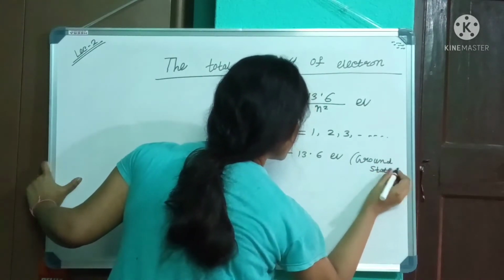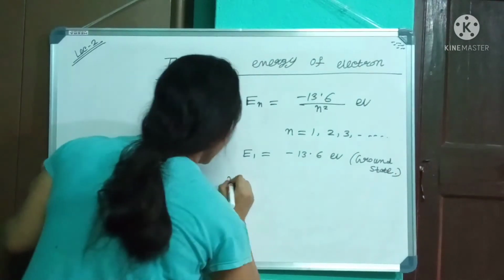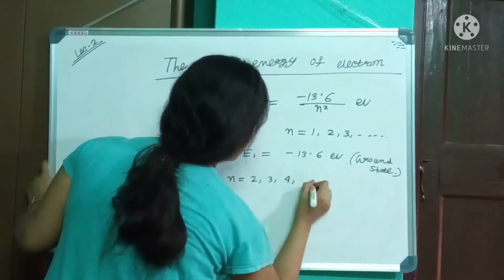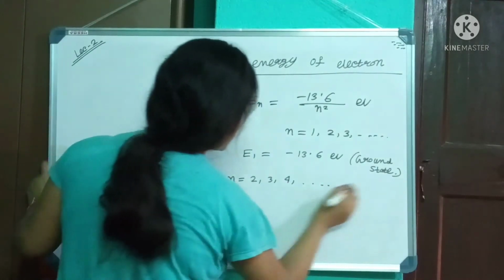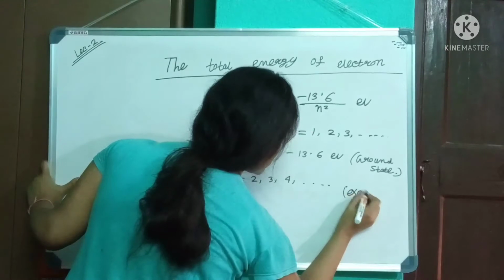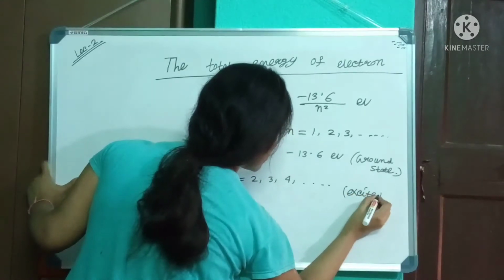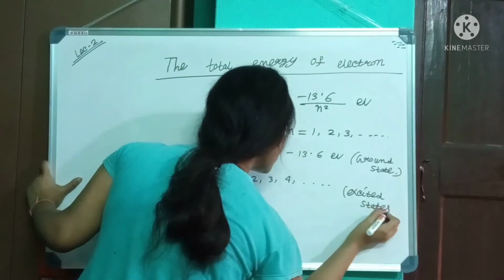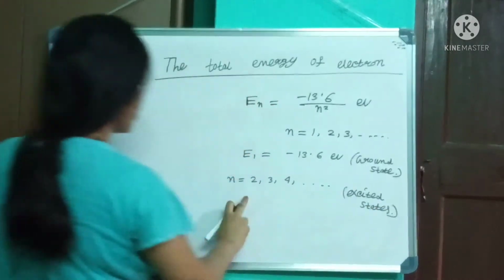The ground state energy is minus 13.6 eV in case of the hydrogen atom, and for n equals 2, 3, 4 and other values, we'll get the values of E2, E3, E4, which are the excited states.